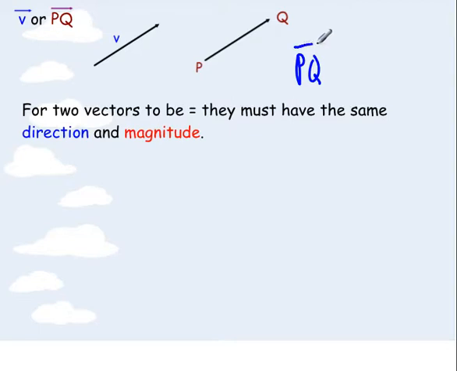And then you put a little, it's not a full arrow, it's a half arrow. If it was a full arrow, someone might confuse it with a ray, which it kind of technically is, but just know that vector PQ is not the same thing as vector QP because those would be going in different directions. QP would be, ooh, it's hard to draw with this thing.